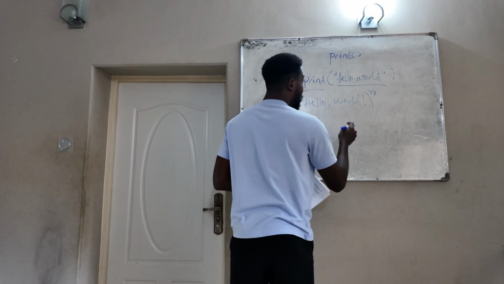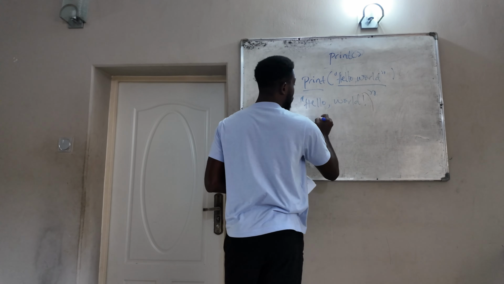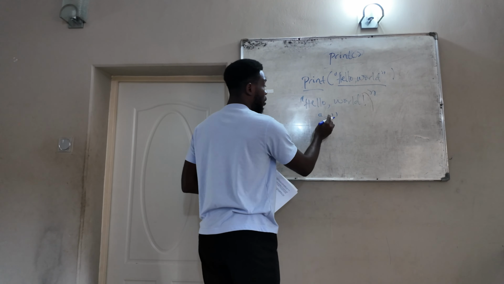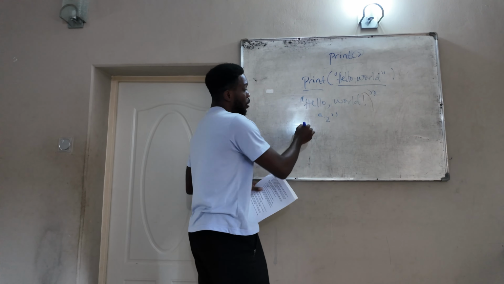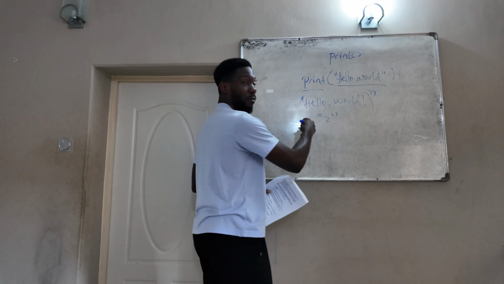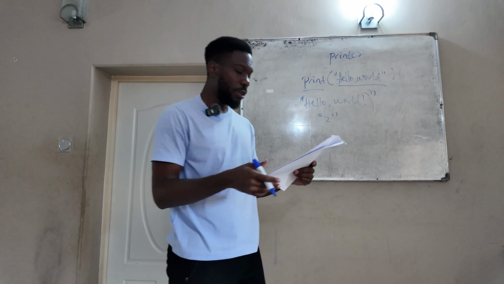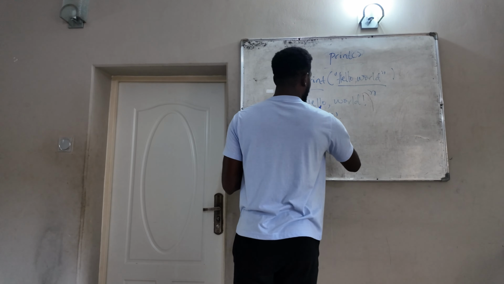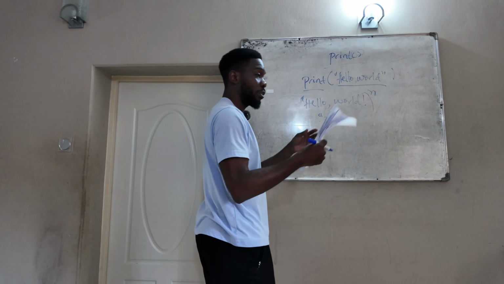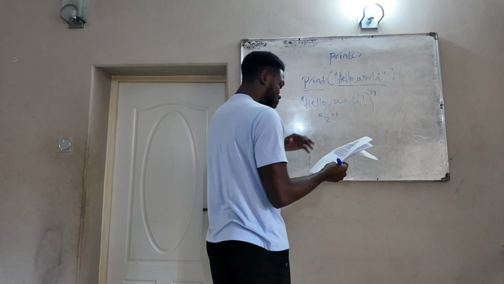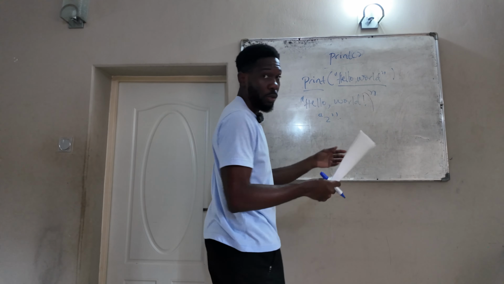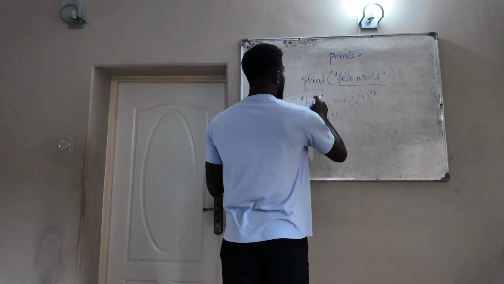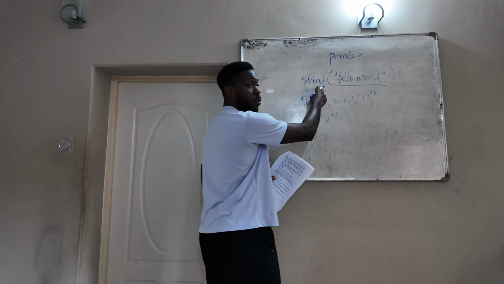Even if I put a number 2 like this, normally this is a number without the quotation, but when there's a quotation mark around it, it becomes a string. So this is what we call data, right? It's a data type, which is a string. We'll go into that later on, but I just want to be quick so that we can go into the coding aspect.